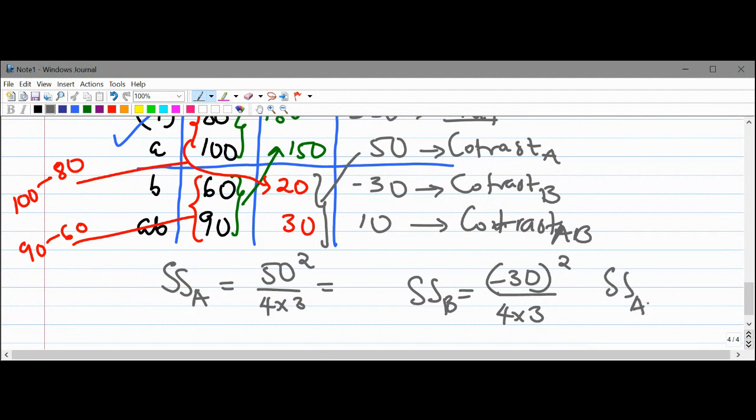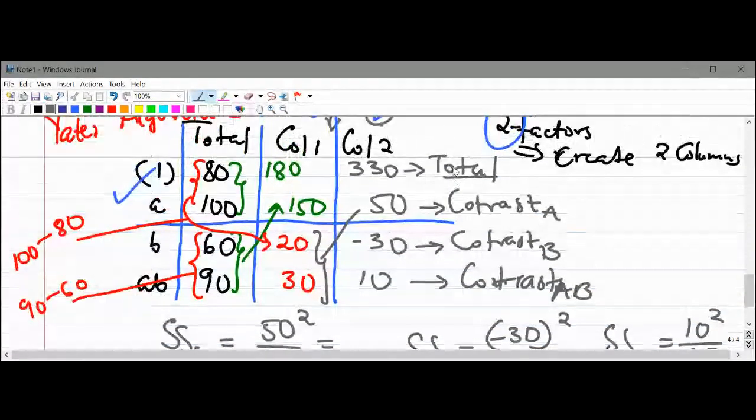The last one, SSAB, is 10 squared divided by 12. From there, when you want to find SSTO, you already have the sum of all the values that are given there. You see?